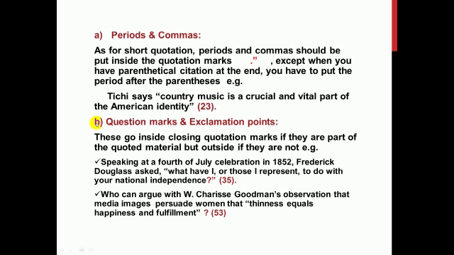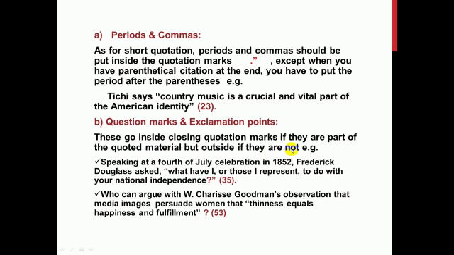Now, in B, question marks and exclamation points. In this case, I don't know whether to put the question mark inside the quotation marks or outside the quotation marks. We have two cases. You look. These go inside closing quotation marks if they are part of the quoted material, but outside if they are not.